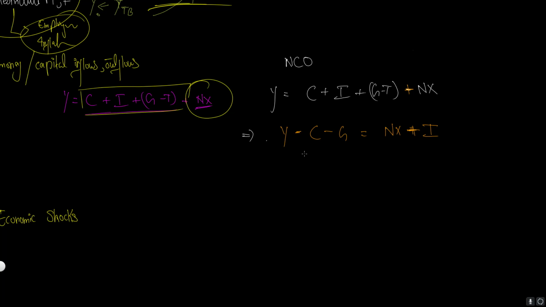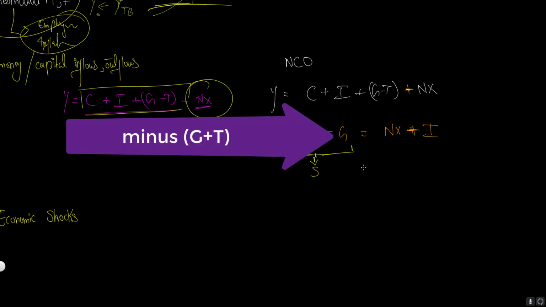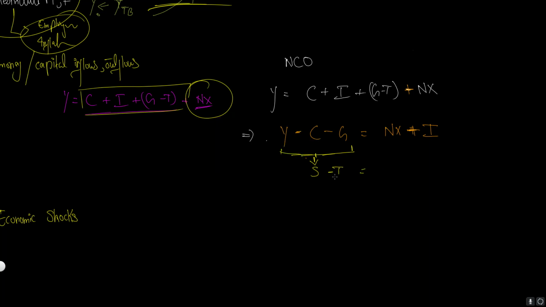We know from our basic macroeconomic identities, which if you do not know, just don't worry about it, just understand that national income minus consumption minus government spending is essentially the same thing as national savings. So another way of looking at this is by saying that national savings minus investment is equal to net exports.